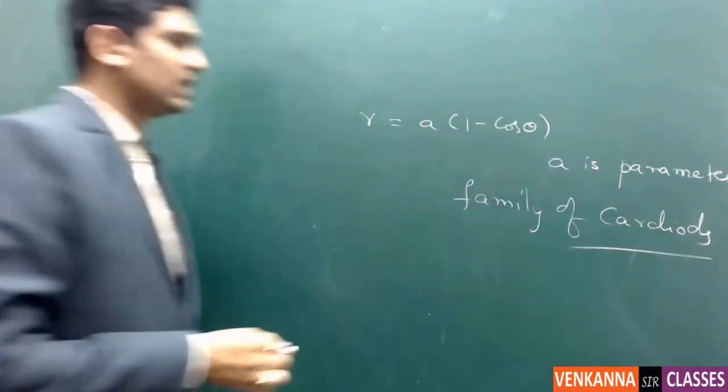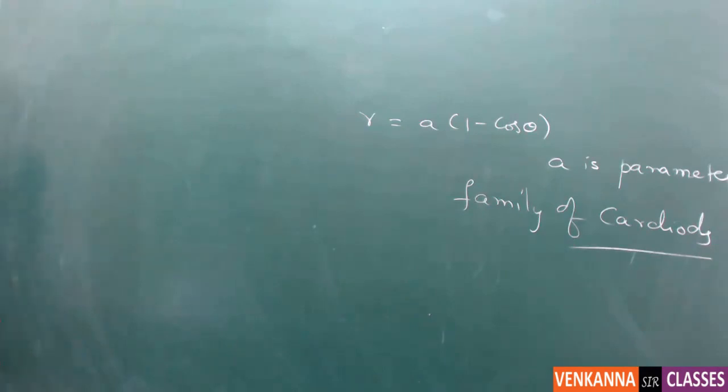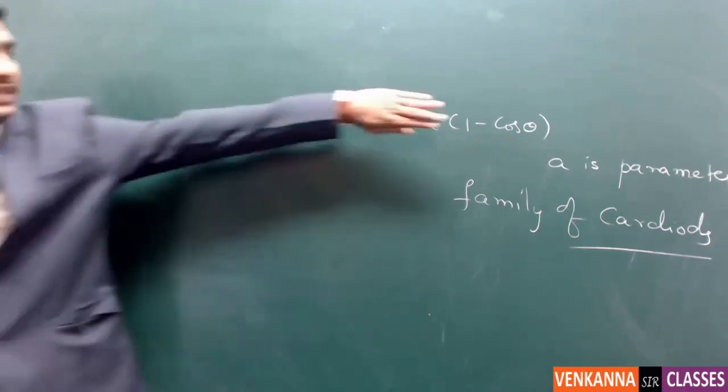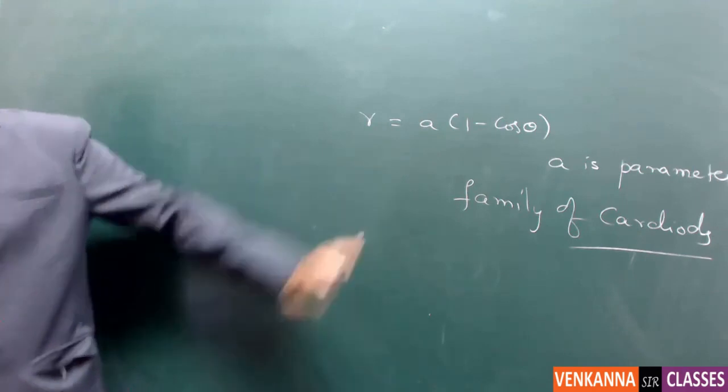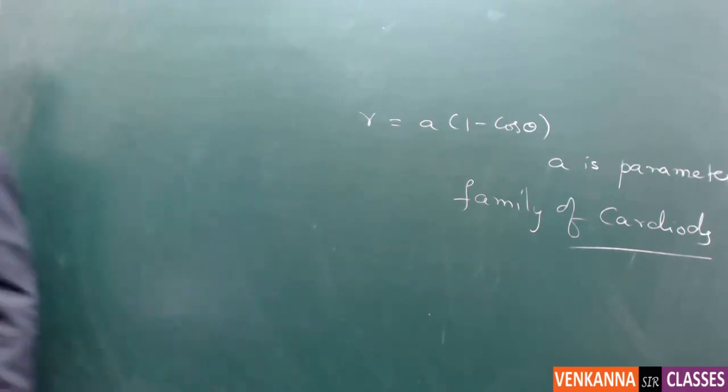I think this word is familiar to you. So apart from giving this equation, he can use this word. So find the orthogonal trajectories of family of cardioids where a is the parameter. Our parameter need not be mentioned.